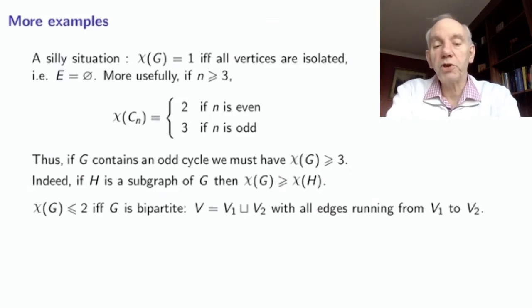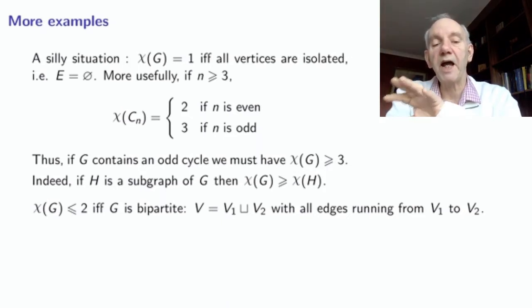Now, that actually is quite relevant for lots of graphs, because if any graph contains an odd cycle, for example, if it contains a triangle, a 3 cycle, then its chromatic number has to be at least 3, because even if you forget all the other vertices and edges of that graph, you need 3 colours just to satisfy the constraint for the triangle.